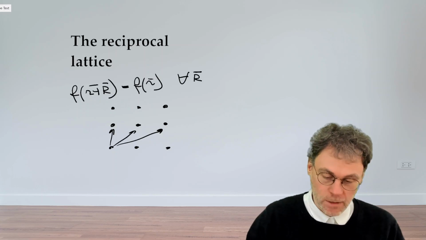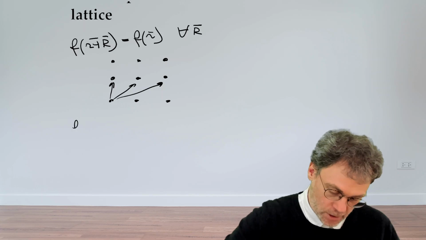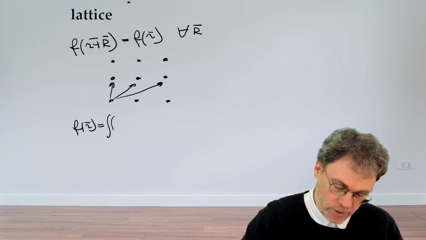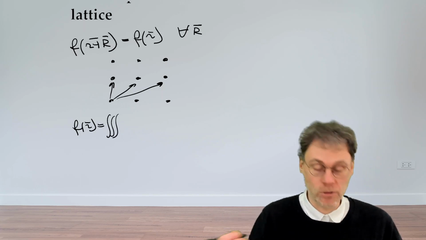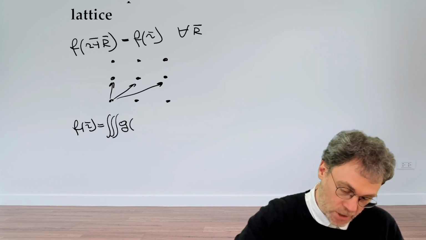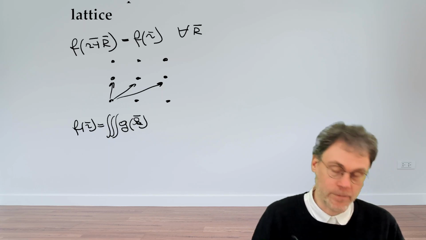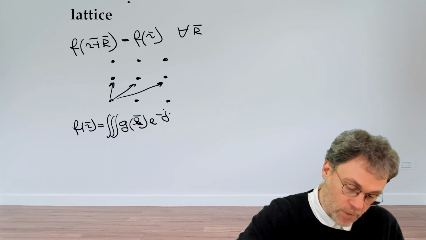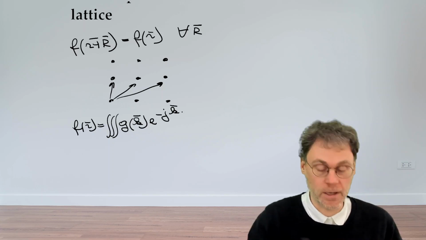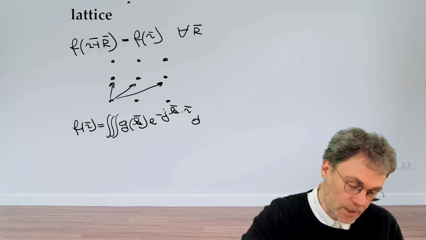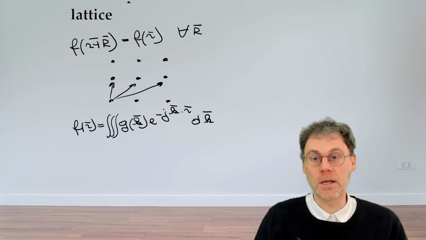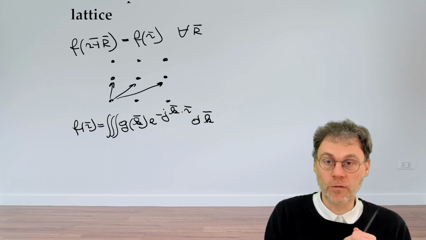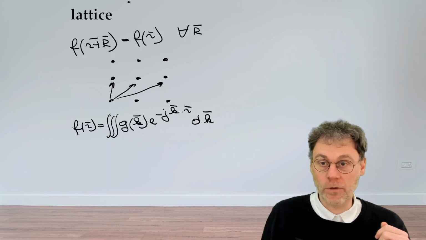Okay, for any sufficiently well-behaved function f of r, we can write down its continuous Fourier transform. It's a three-dimensional integral, in the most general case, of a certain function g of k, which is the Fourier transform, times exponential minus j k r, and then we integrate over dk. So this is the definition of the continuous Fourier transform, but can we actually interpret this from a physical point of view?